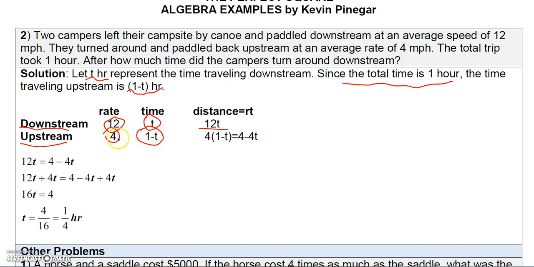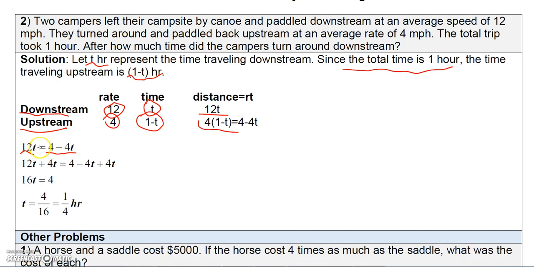And so if you multiply those together, you'll get the distance they traveled upstream, which is 4 times 1 minus t. But 4 times 1 minus t is the same as 4 minus 4t. Now, since the distance downstream and the distance upstream are the same, then the 12t and the 4 minus 4t must be equal. And so I can just solve those for t to find the time.